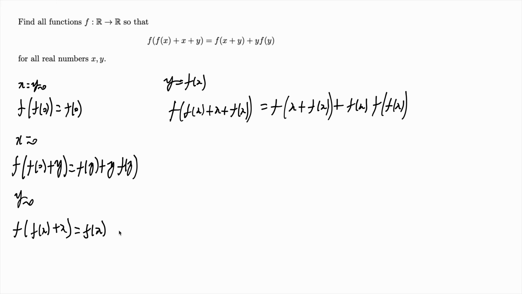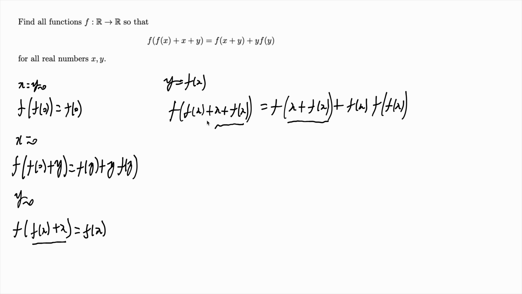Here I think it's the part where we need to be smart, and we must have good eyesight to do this. First of all, we should look for any pattern or any terms that appear a lot. Notice that we have x plus f(x), x plus f(x), and x plus f(x) here.